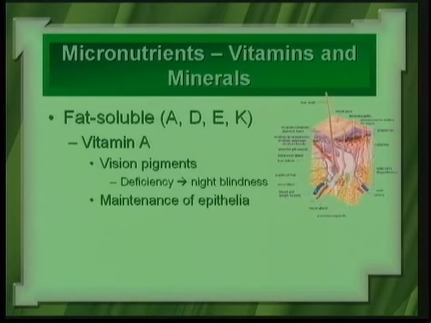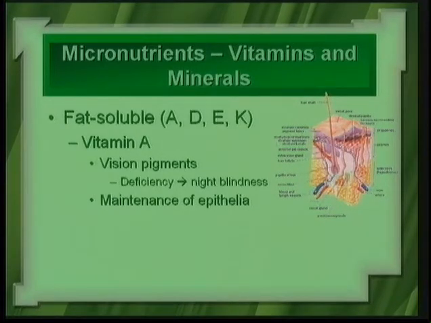Furthermore, vitamin A is also involved in the maintenance of the epithelia. What are epithelia? They're the cells that cover your body on the outside as well as the inside. So here we have a little section of human skin. You have a hair follicle, the epidermis, keratin layer, all this sort of thing.